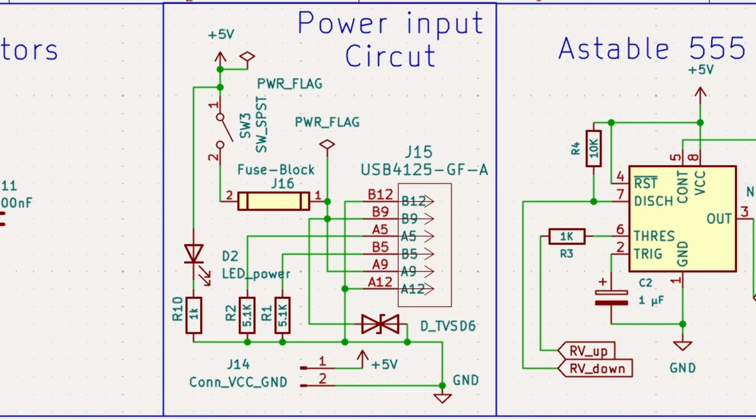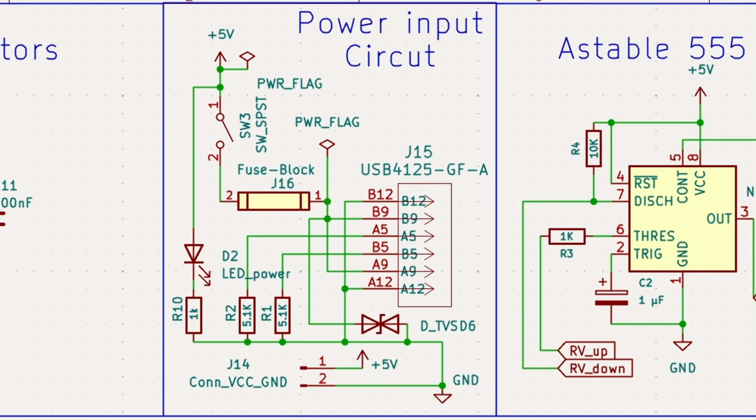While I was redesigning the power input, I also decided to add a few protection components. A fuse, a TVS diode, a proper power switch, and naturally a power LED, because every electronics project needs a power LED to indicate whether or not the board is actually powered.